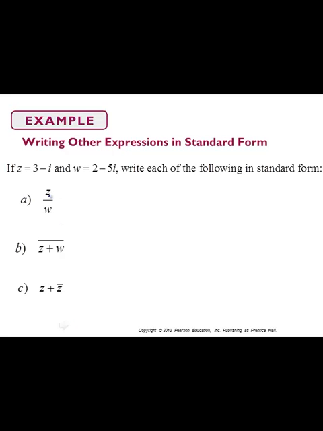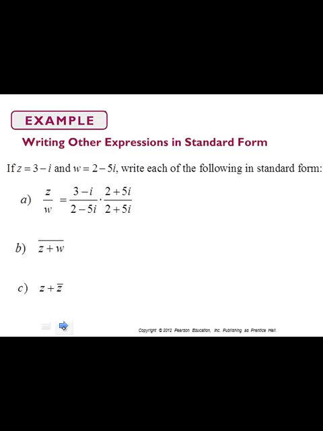Alright, so if we have z equal to 3 minus i, and w, which is another popular generic variable for a complex number, equals 2 minus 5i, what is z divided by w? That'd be 3 minus i over 2 minus 5i. Now we know what to do to simplify this fraction: multiply the numerator and denominator by the conjugate of the denominator, which is 2 plus 5i.